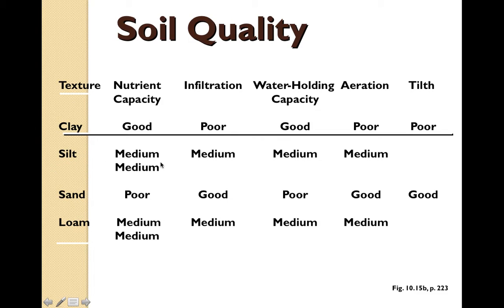Silt has a medium nutrient capacity, medium infiltration, medium water holding capacity, and medium aeration. Sand has a poor nutrient value, has a good infiltration, has a lot of space in between pores so water can infiltrate it.